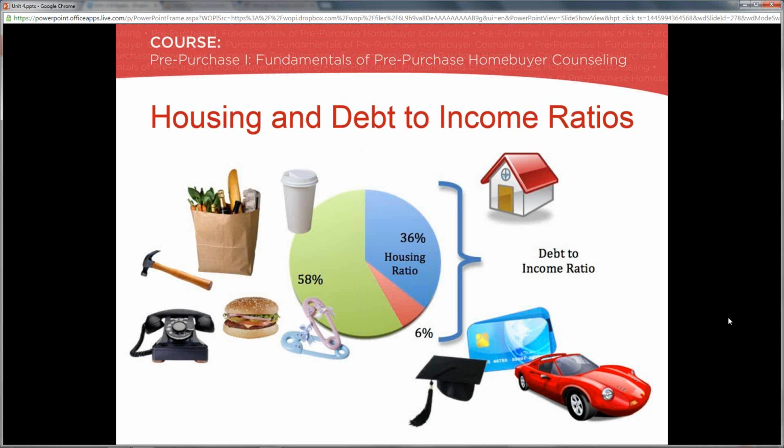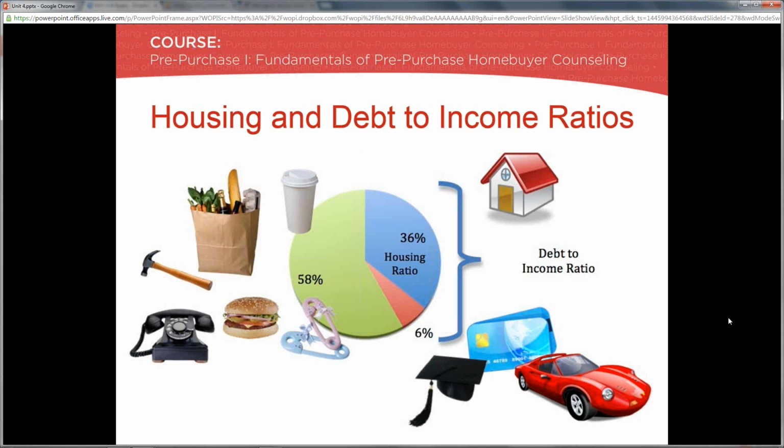Next, let's look at the red portion. This represents 6% of the pie, which in this example includes all the other debts that are reported to the credit bureaus. This could be credit cards, an auto loan or two, student loans, any other debts that the person is paying on or owes.